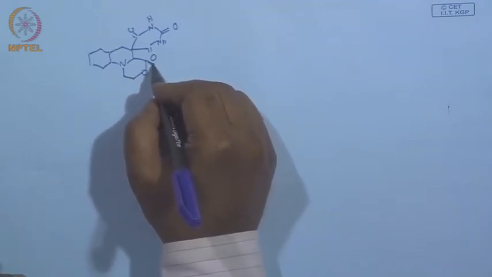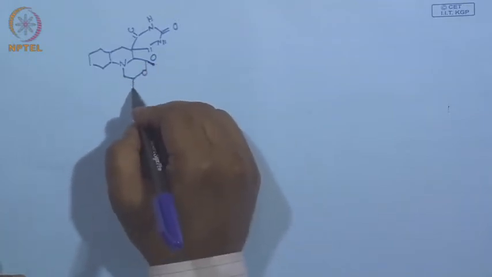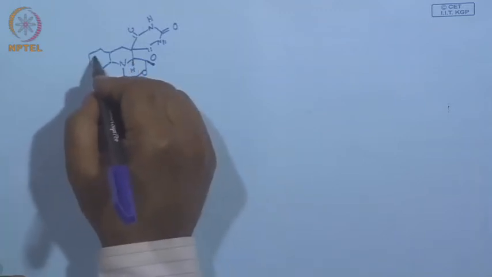I think my drawing is okay. This is a methyl group here, and this is a methyl group here, this cis methyl group, and this hydrogen also cis here. There is a hydrogen here, is a cis.